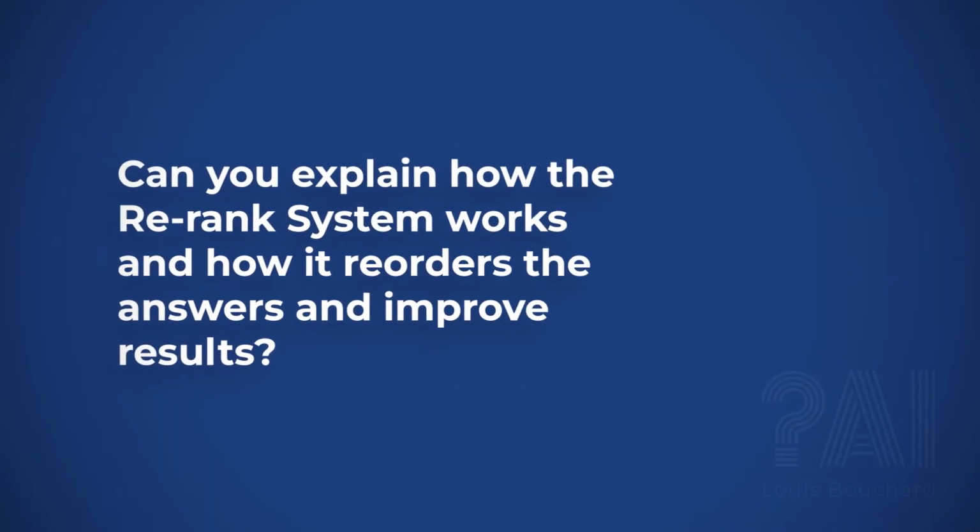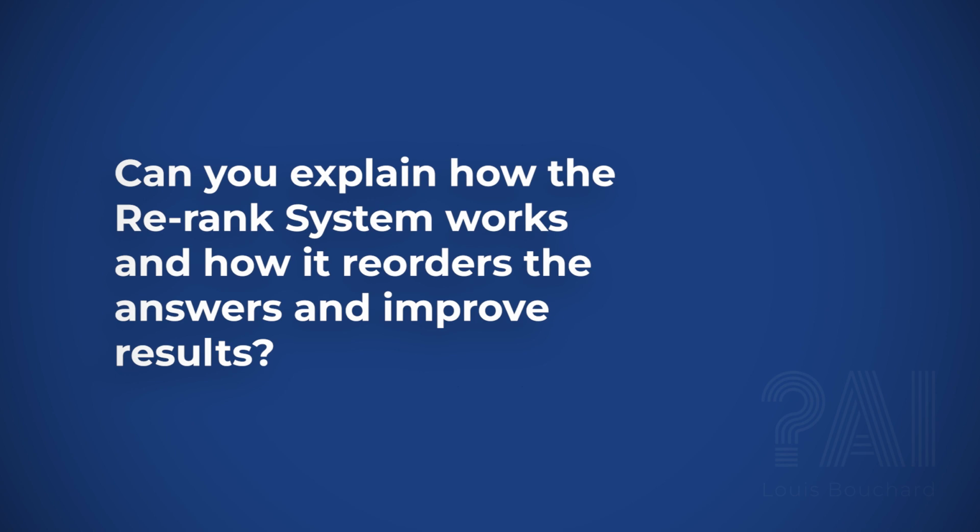But I'm not that familiar with the re-rank system. Could you give a bit more details on how it works and how it actually reorders the answers and improves the results? Sure, yeah. So re-rankers are models that, let's say you're Google and you're rolling out your Google search re-ranker. You have your existing system from before transformers.